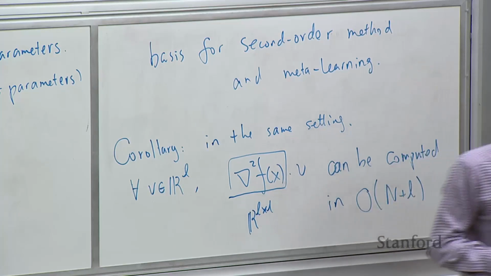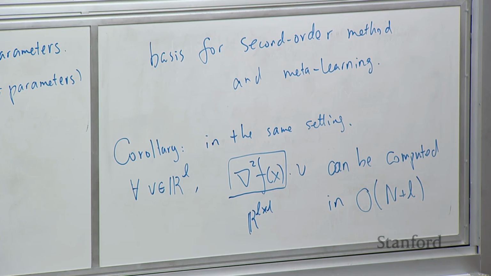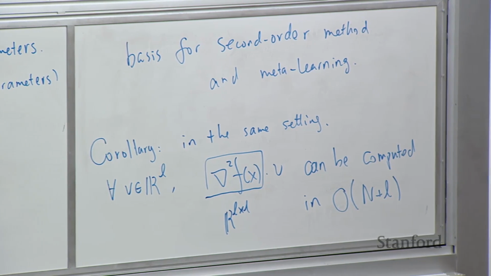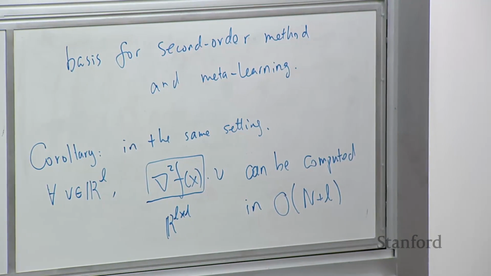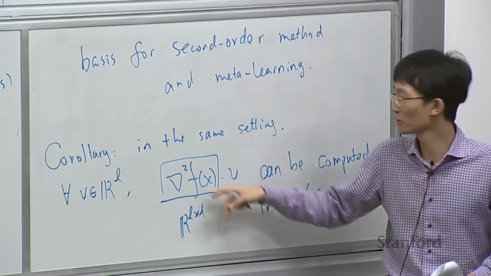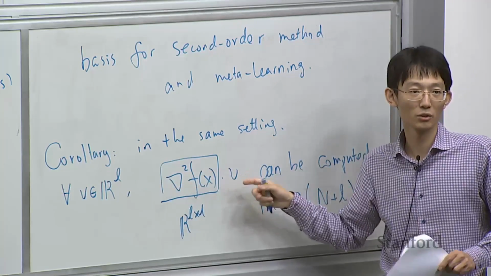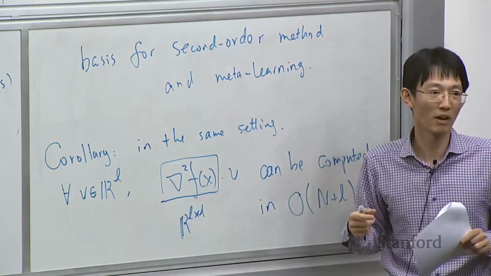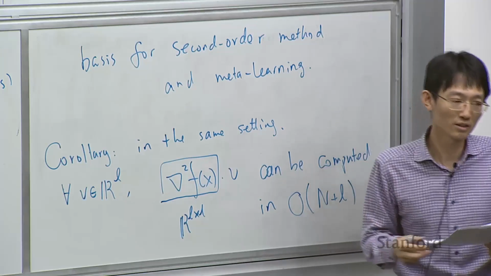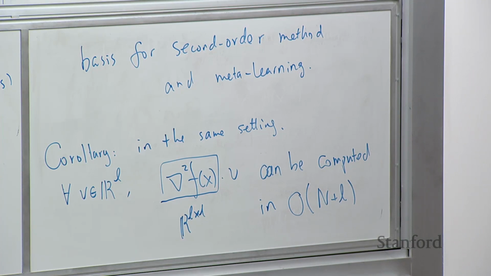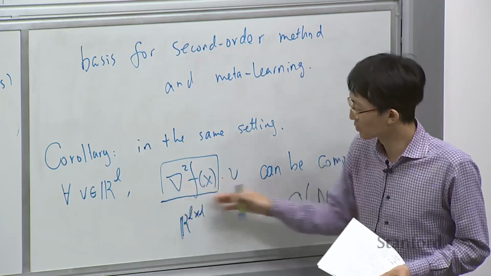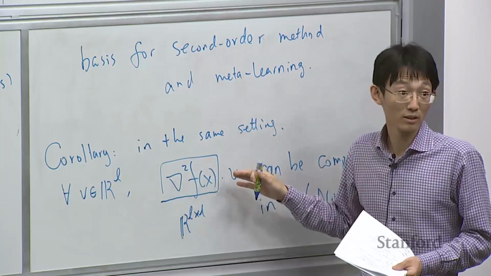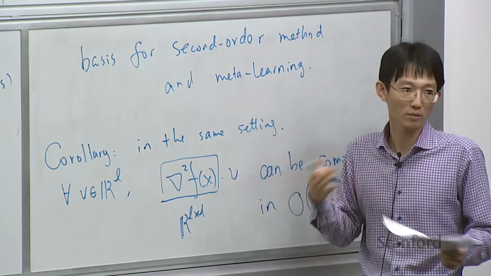So there are a bunch of papers in the last few years which try to implement the original Newton's method without computing the Hessian. They use the Hessian vector product to have a different way to implement the original Newton's method. And that was somewhat successful. You can have some algorithms that only use the Hessian vector product to implement an approximate version of Newton's method.